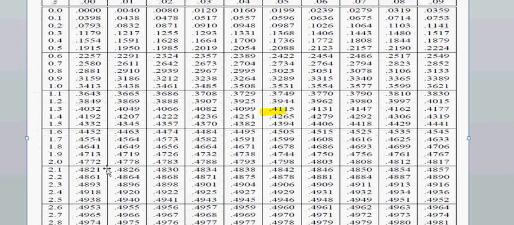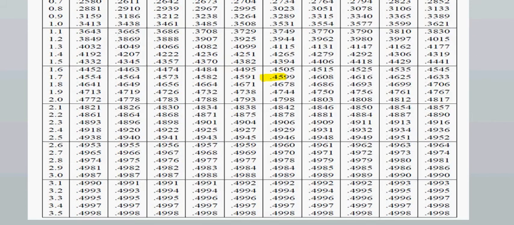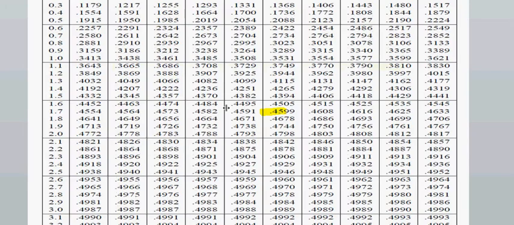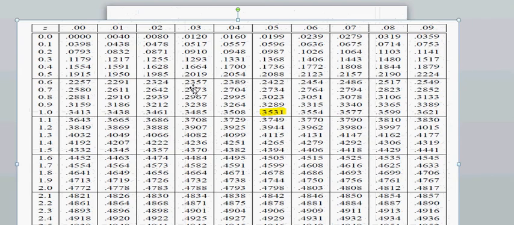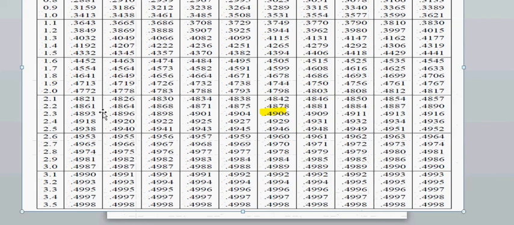2.43, let me take it, yeah, 2.4, and column wise I have to see 0.03. Let me take it as, let's see, this is a column, and 2.43, 0.4 and 3, it is 0.4925.